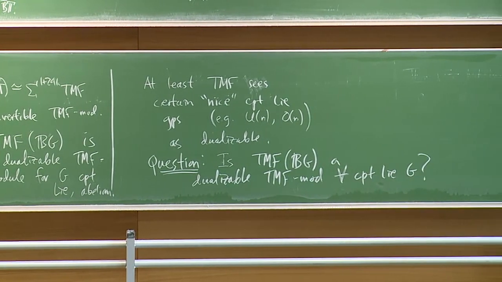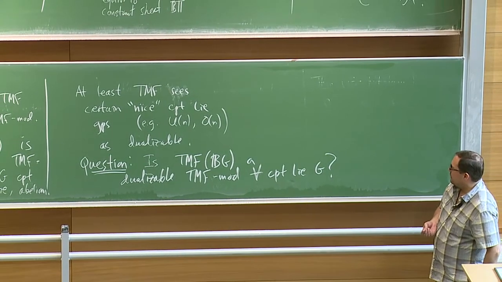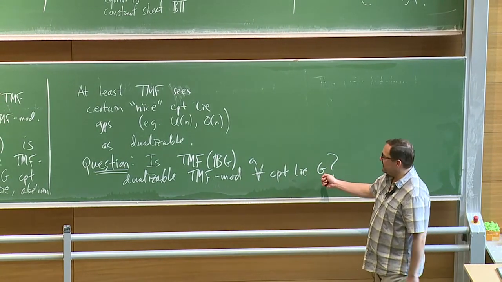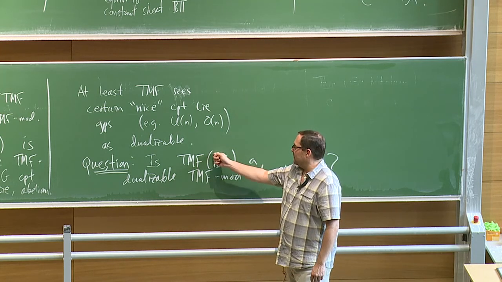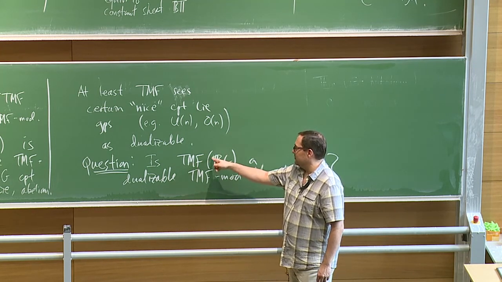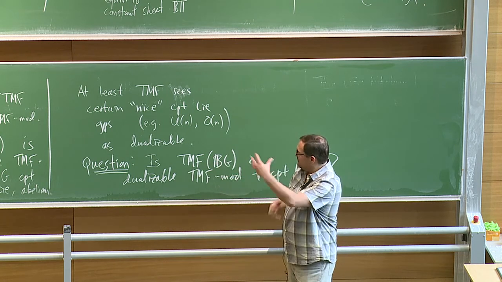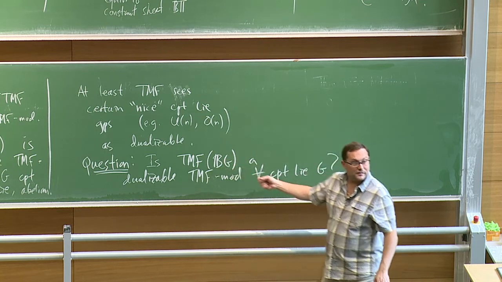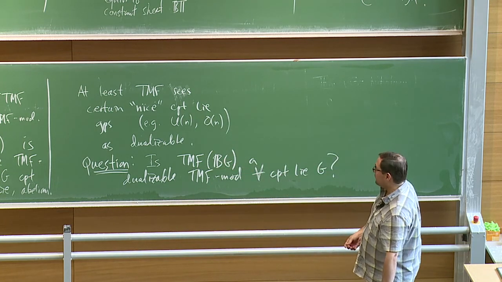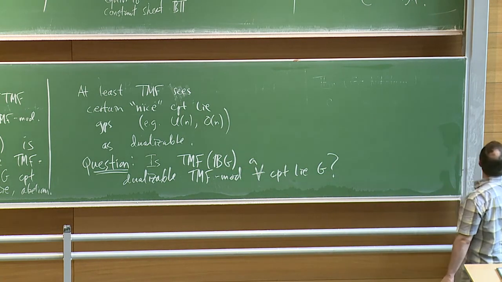And this I don't know the answer to, but I don't know of any counterexamples. But of course, it would say that TMF has lots and lots of transfers. You could transfer along any map of stacks whose fibers are these G gerbs. OK, I'll stop there.